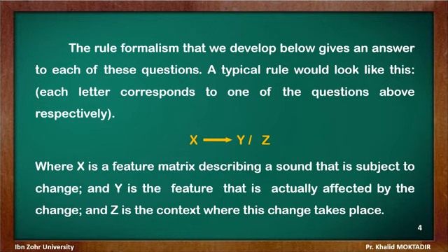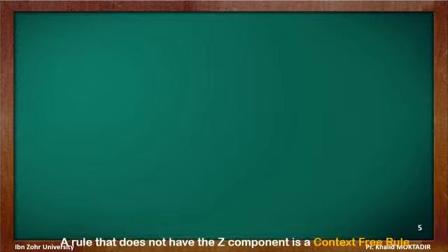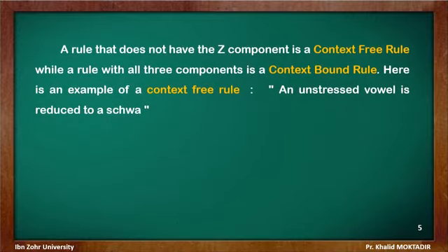And Z is the context where this change takes place. Now let's look at this in more detail. A rule that does not have the Z component, there is no context, we call that a context-free rule, while a rule with all three components, that is X, Y, and Z, is a context-bound rule.